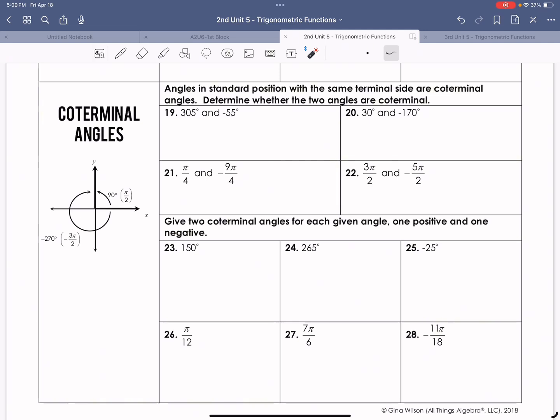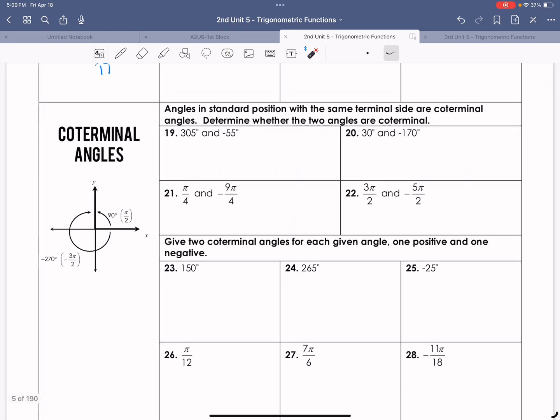So our problems here say angles in standard position with the same terminal side are coterminal. We want to decide whether the two angles are coterminal. Well, if they are coterminal, we'll be able to take either one of the two and either add or subtract 360 degrees to get the other number. So let's look at number 19. I want to know, is 305 coterminal with negative 55?